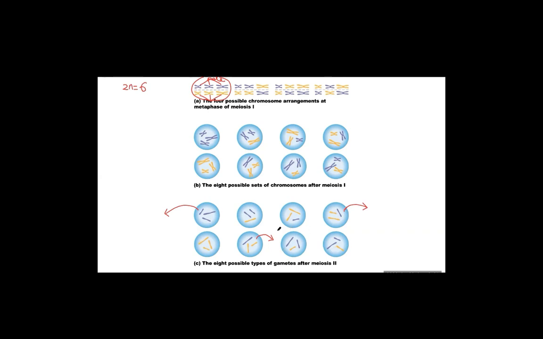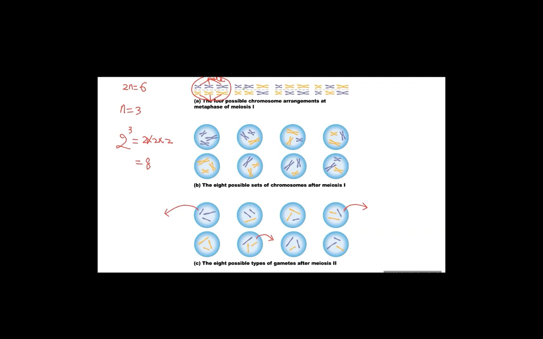So how can you calculate the possible combinations? If you have 6 chromosomes, n equals 3, and then you put this 3 as an exponent. Okay, then this is going to be 2 times 2 times 2 equals 8 possible types of gamete. So this kind of random orientation of chromosomes is called independent assortment.